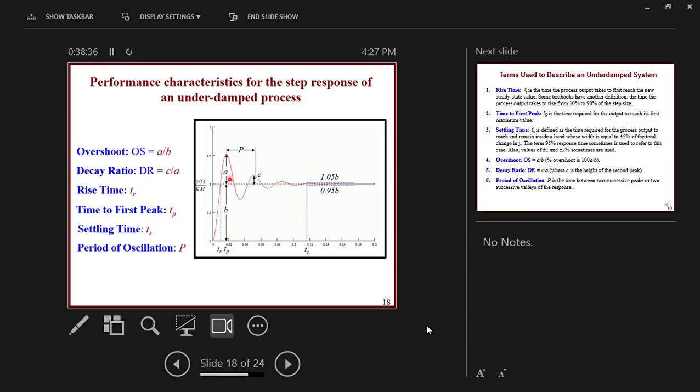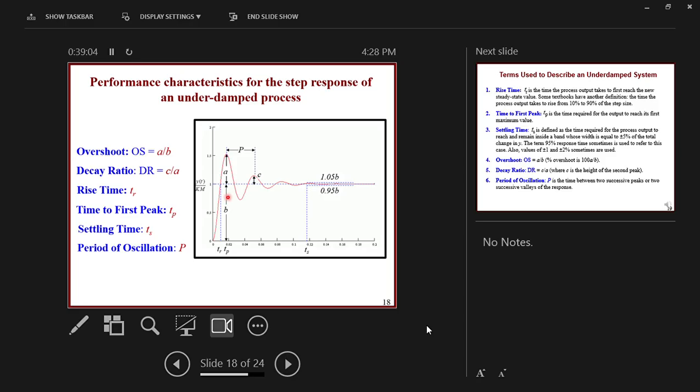Of course, we don't want high overshoot in our response for the process because it will deviate away from the steady state value. The decay ratio is the ratio between C and A. We also want the decay of the overshoot fast. So this will be represented by the ratio C over A.